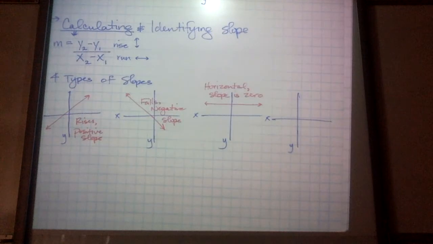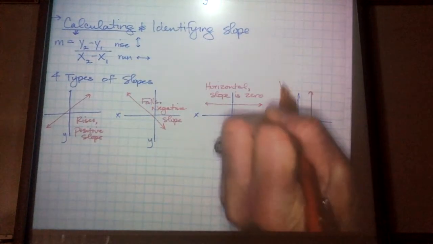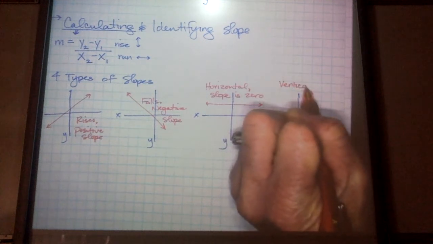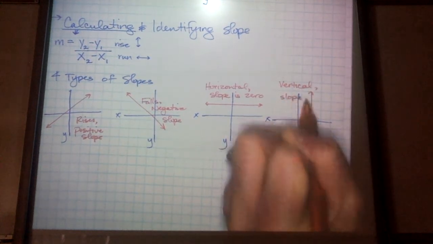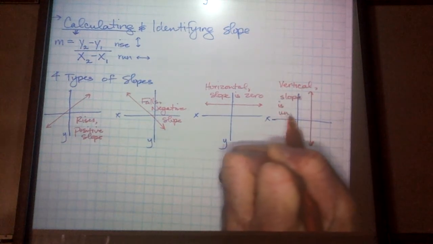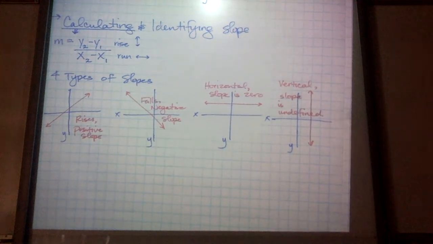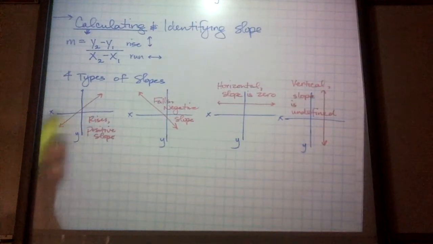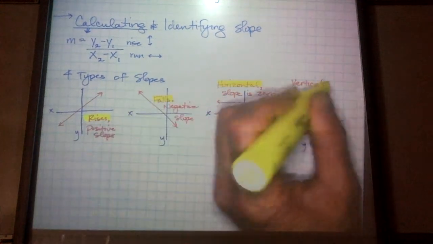The last possibility is a vertical line, so we call that vertical. And in this case, my slope is undefined. Okay? So the 4 types that we're going to be using in this section is that it could rise, fall, horizontal, or vertical.